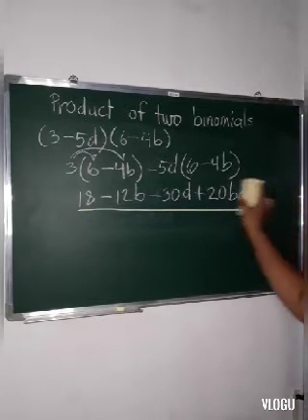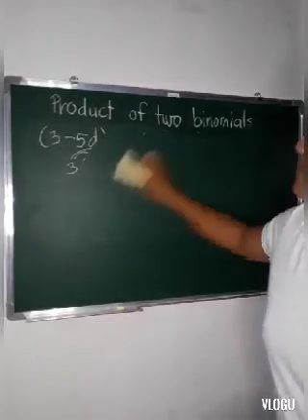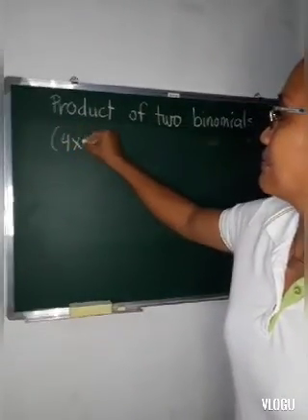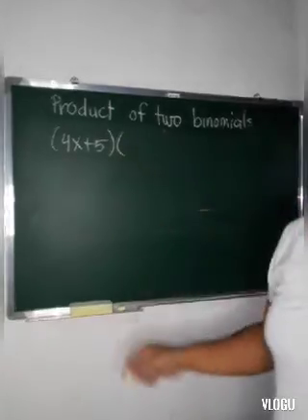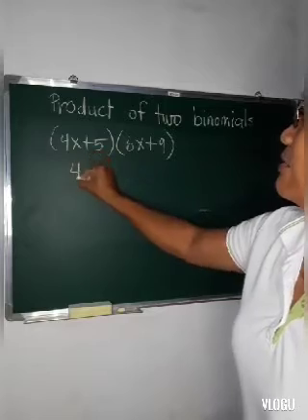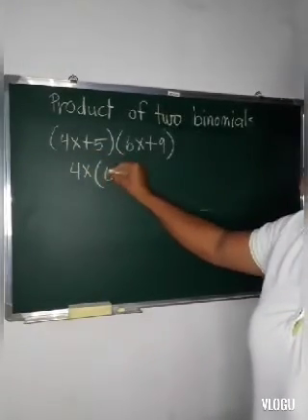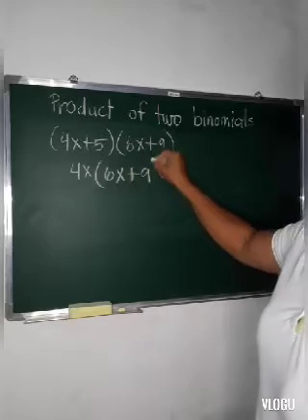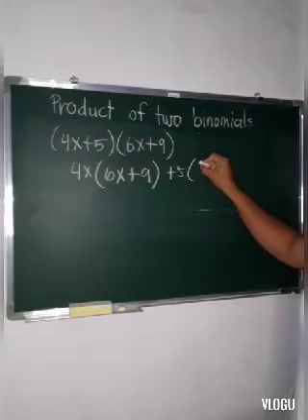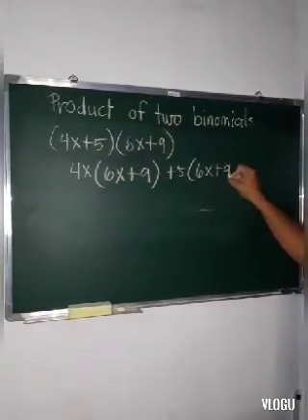Okay, another example. We have 4x plus 5 and 6x plus 9. Okay, we will use distributive property. So we have 4x multiplied with 6x plus 9, positive 5 multiplied with 6x plus 9.